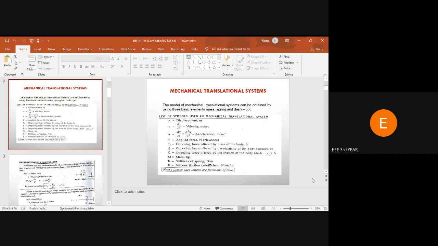There are three restricting or opposing forces encountered in the translational mechanical system, which oppose the motion of the mechanical system due to the external applied force.